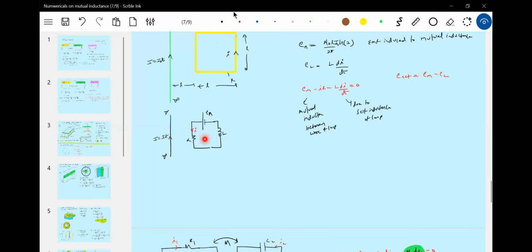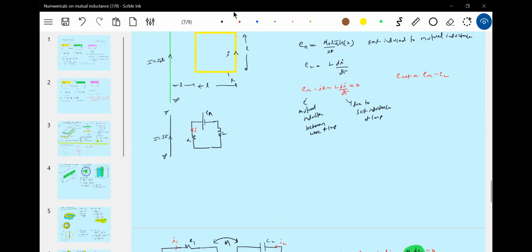In most of the numericals, if a current flows in one loop, the flux linking the other loop you can find out. It's like a current flowing in a long wire: due to current in the long wire, the flux linking the loop we can find out. But if a current flows in this wire loop, then the flux linking the wire we cannot find out.